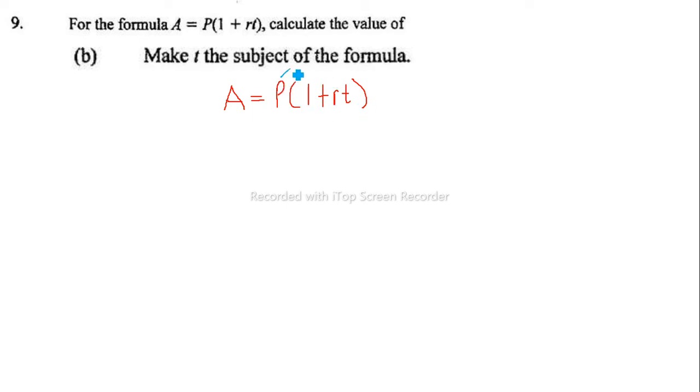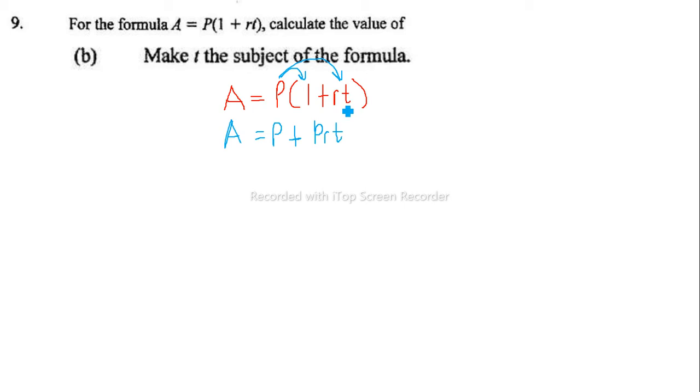So we multiply P by 1, and we get P. And then P times RT, which is PRT, which is still equal to A.